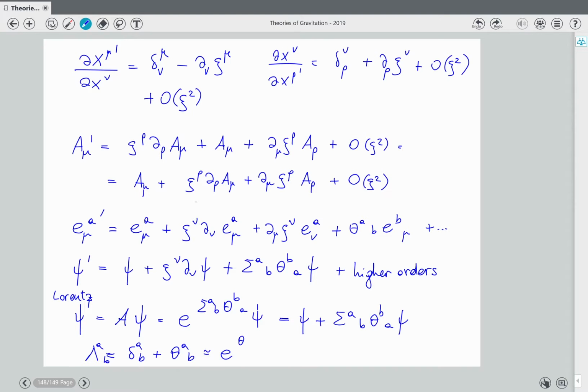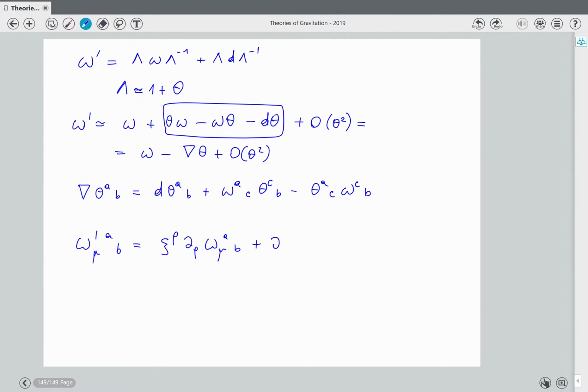So in this case it's partial mu psi rho omega rho AB, and then you have minus, in that notation, del mu theta AB. So this is the complete infinitesimal transformation of the spin connection.